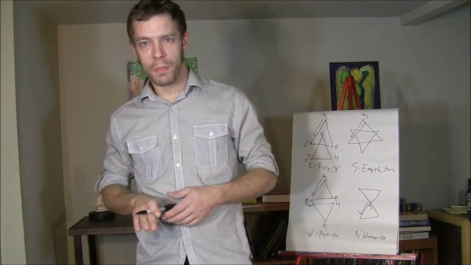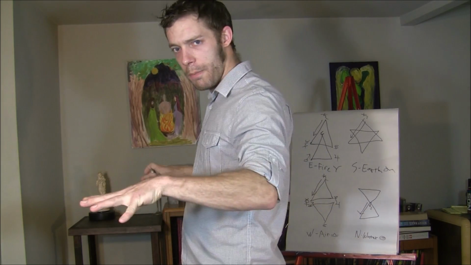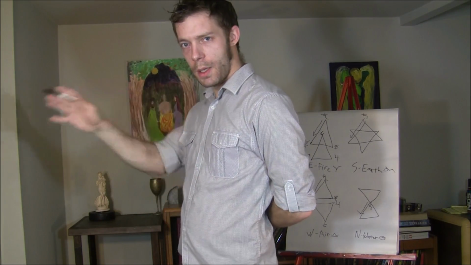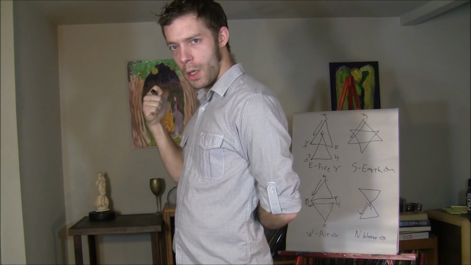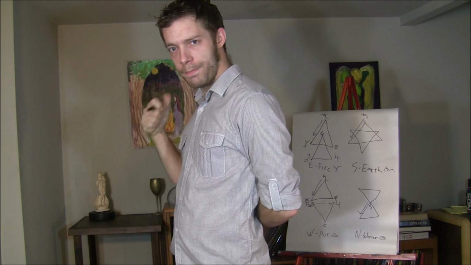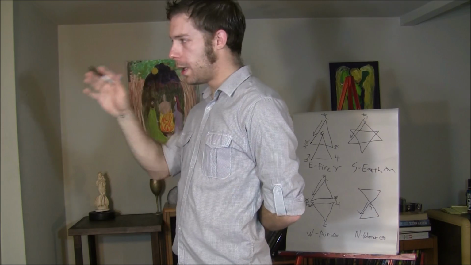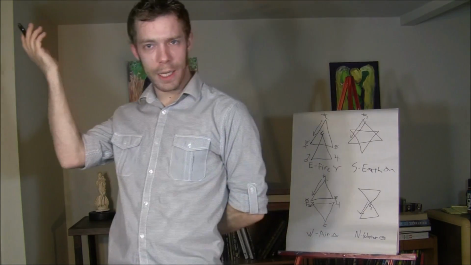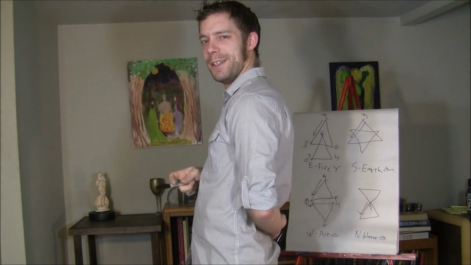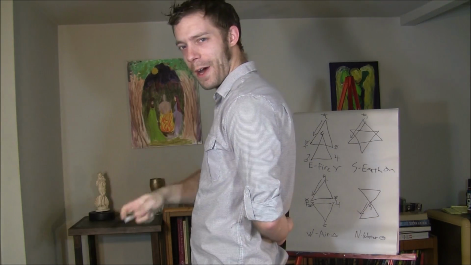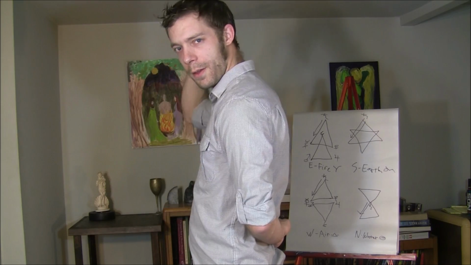So, as far as what signs we're tracing in the air, we're on an astrological matrix. East, fire. South, earth.